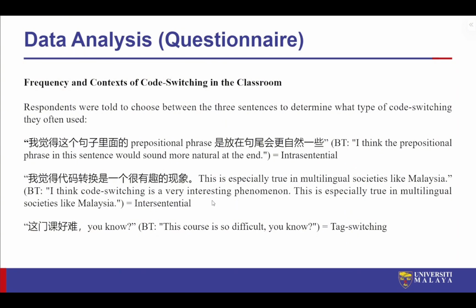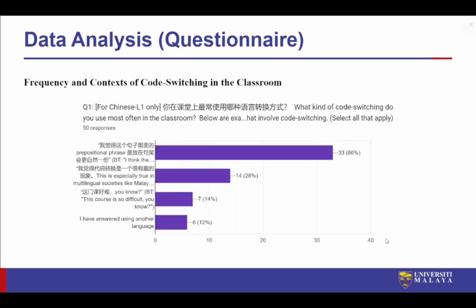The second sentence would reflect intersentential code switching. And the third sentence would reflect tag switching. Respondents could choose more than one sentence that reflected their most used type of code switching. And we provided 3 variations of this question, one in Mandarin Chinese, one in Bahasa Melayu, and one in Arabic.